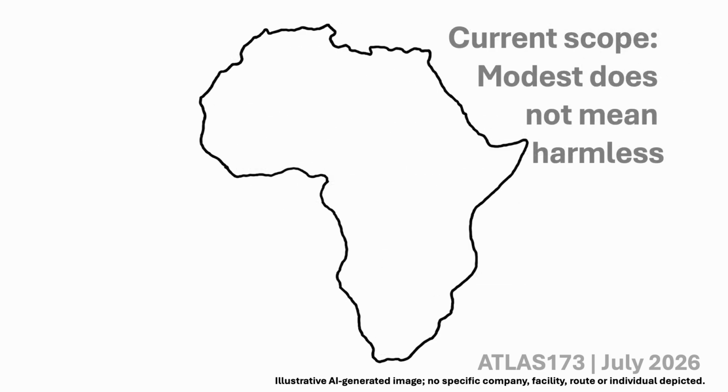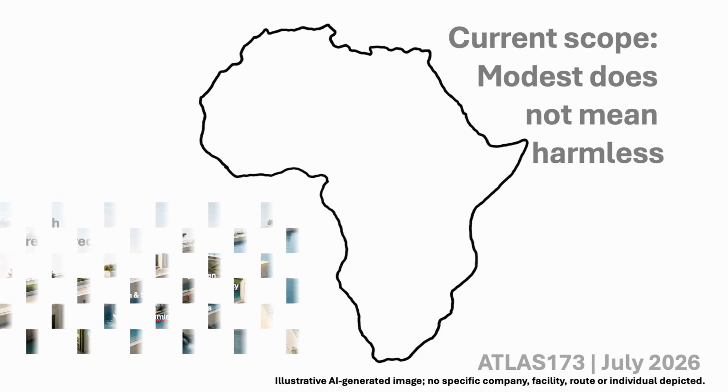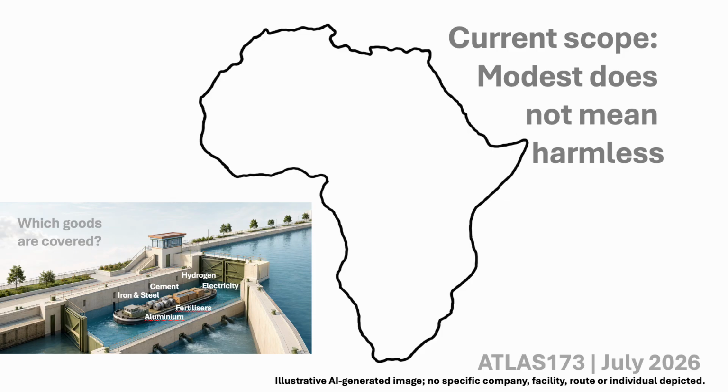The African Climate Foundation and the London School of Economics conducted a study, and that study found that CBAM's initial product coverage was unlikely to impose an overwhelming economy-wide burden on most African countries. When we talk about CBAM's initial product coverage, we're talking about the 6 products that we talked about before.